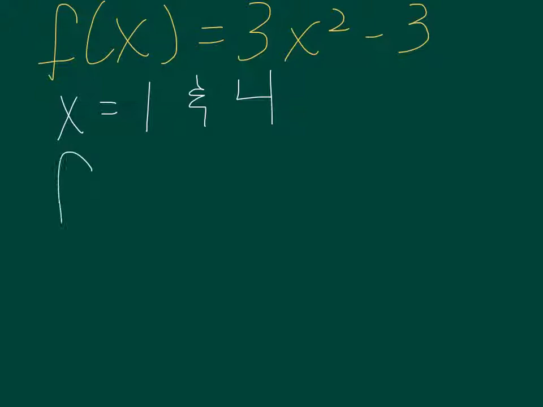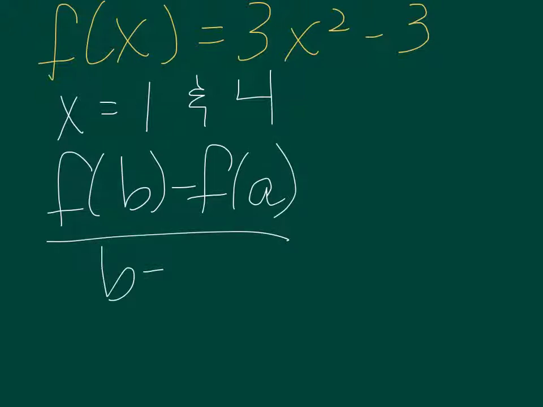The formula is f of b minus f of a over b minus a. So in this case, f of b is 4 plugged into the function, so 3 times 4 squared minus 3, which is 45.